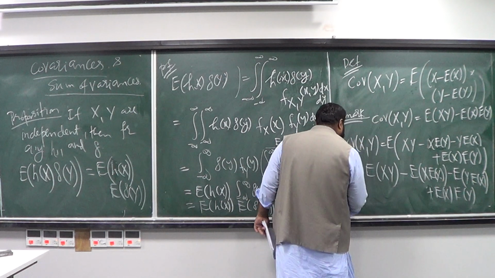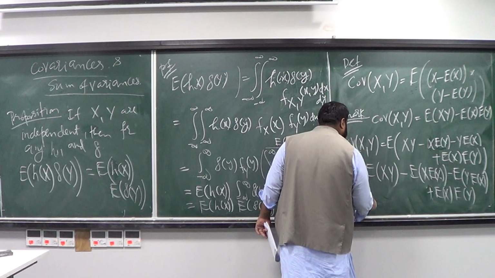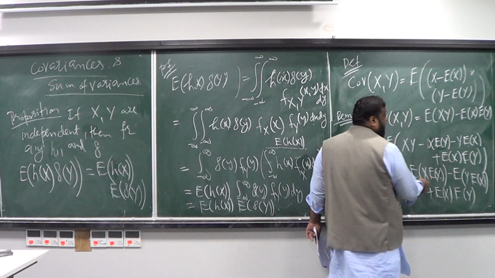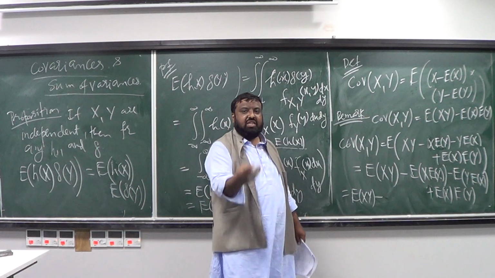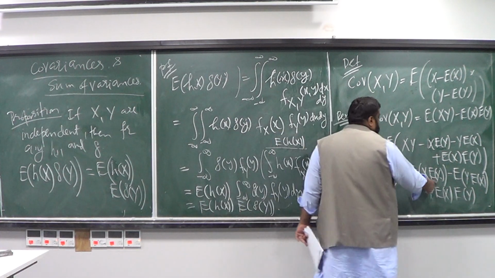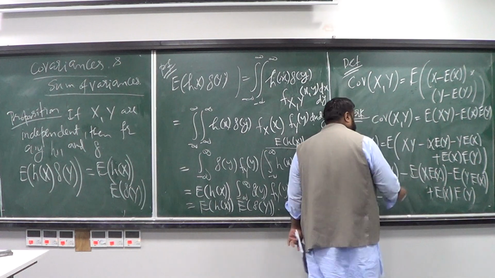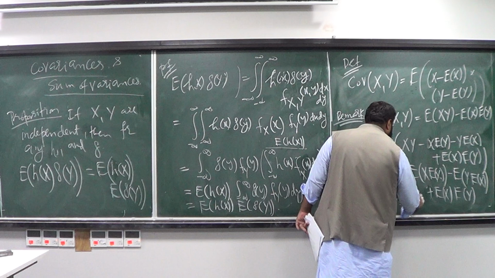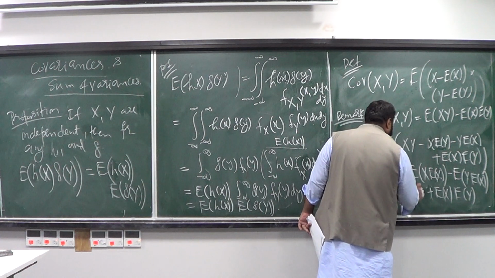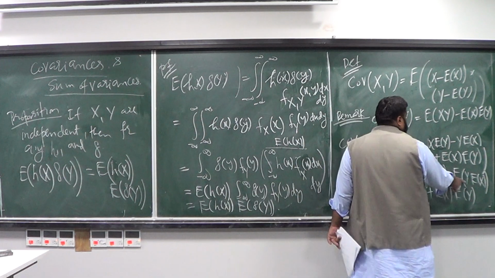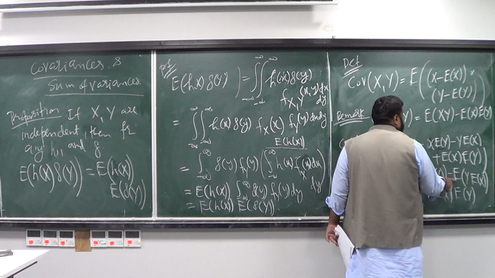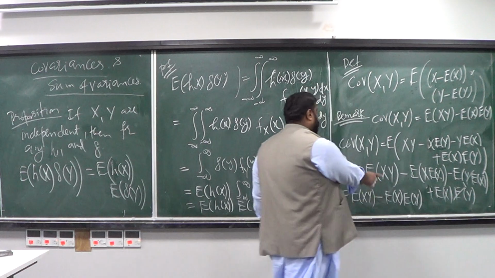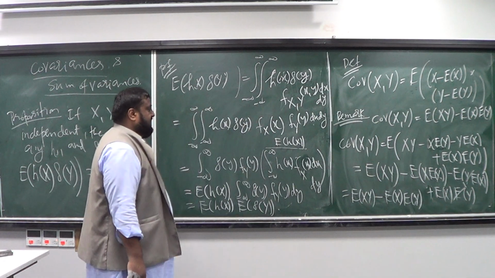Now, expectation of any random variable is like a number, so this is a number multiplied by x. If you wish, you can pull this number out. So you're going to get expectation of x times expectation of y. You will also get from here expectation of x times expectation of y, which will cancel out with this, and you get this identity.